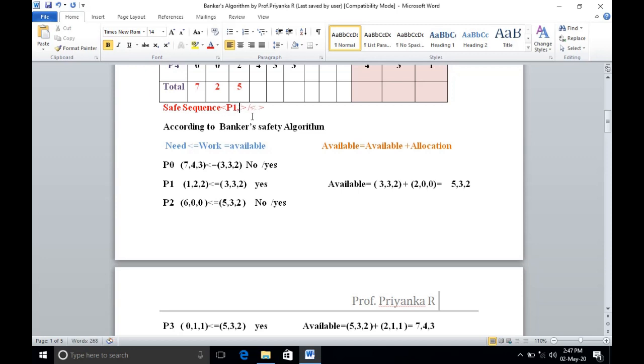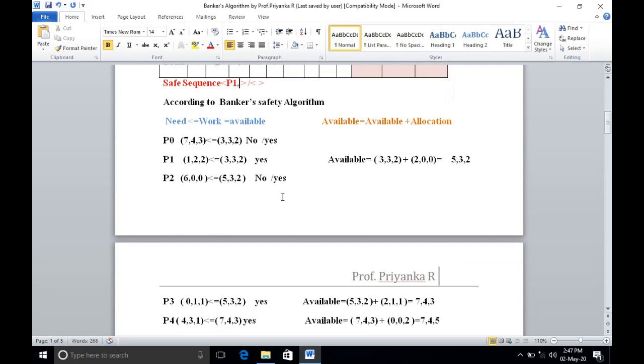Next, check with the S wherever we have written S, where it was satisfied. The next is P3, next P4, next it is P0 or P2.